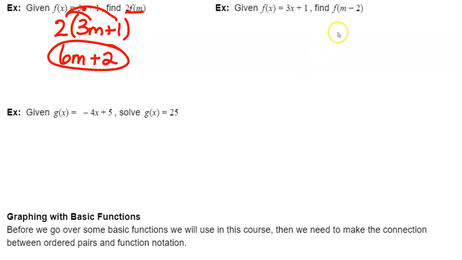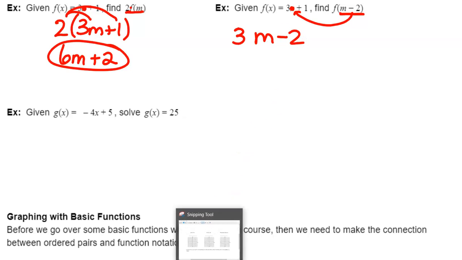Likewise, over here, I'm now looking for f of m minus 2 with that same function. So that means wherever I see my x, I have to put this whole quantity in. Now again, I need 3, and then I have an m minus 2, but I don't want to just write it like that because I need 3 times the whole thing.